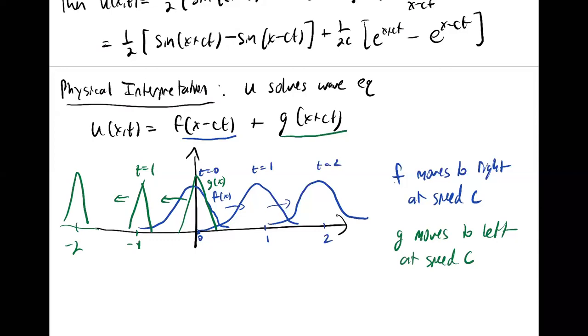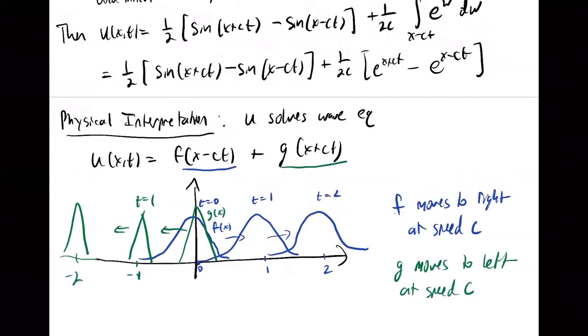The picture I have here is not the graph of u, because these waves combine in complicated ways, but it shows how the components of u behave, and the full solution is given by adding these components together. So there's always one wave moving to the left at speed c, and one moving to the right at speed c, that get added together. Maybe they interact in bizarre ways and are no longer moving left or right, but this is the basic structure.